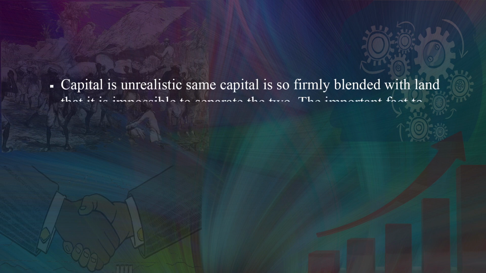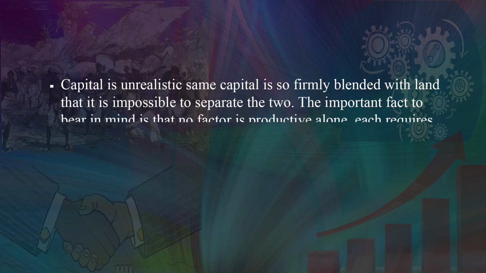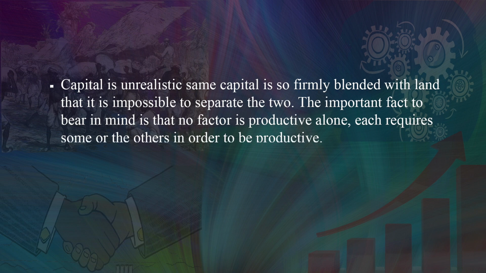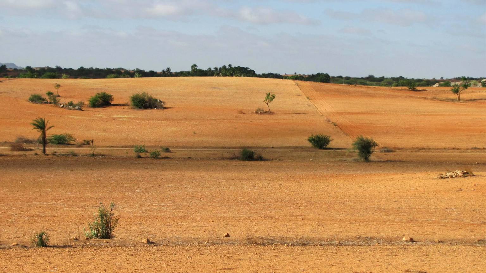Capital is so firmly blended with land that it is impossible to separate the two. The important fact to bear in mind is that no factor is productive alone. Each requires some of the others in order to be productive. Land alone is not productive. It includes a number of other inputs.